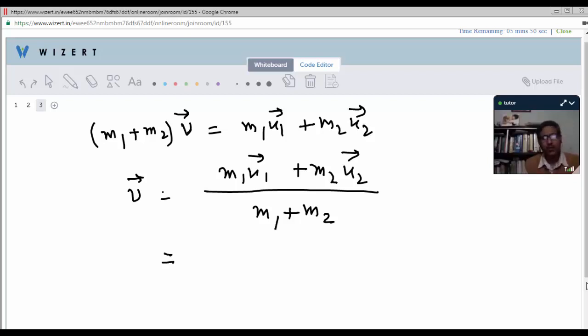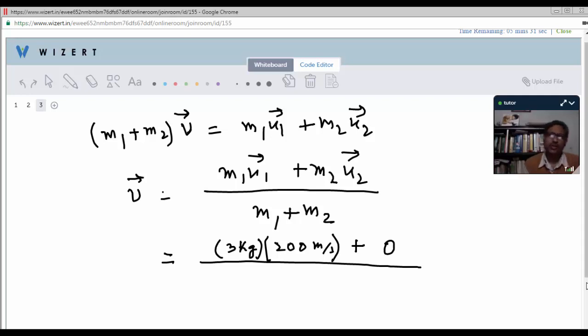And here we now plug in the values. m1 is 3 kg, so I am writing the value of m1, and then the value of u1, which is 200 meter per second. And plus this quantity is becoming 0, because u2 is 0, that is the body at rest, and its momentum is also 0.